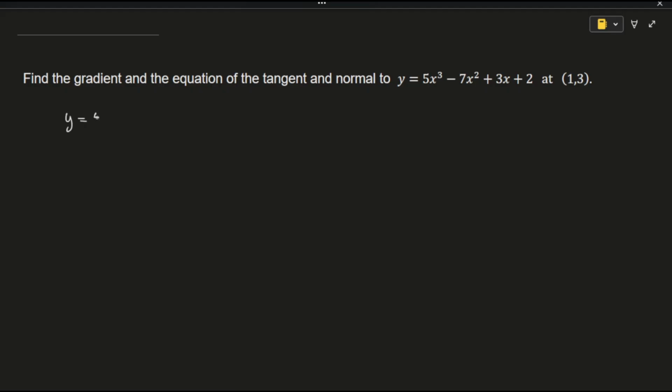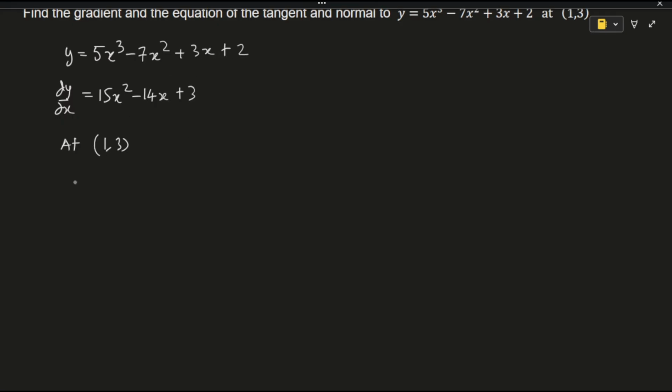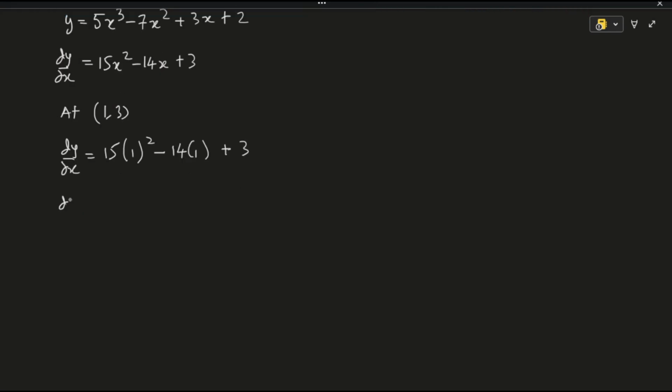So we are given the derivative of this function is given by so at the point, the gradient of this curve at this point will be given by substituting the value of x as 1 in the gradient function. And when we simplify, we get 4.